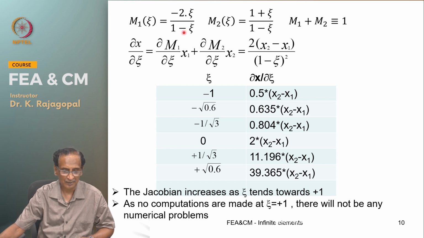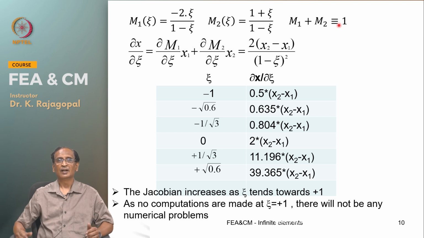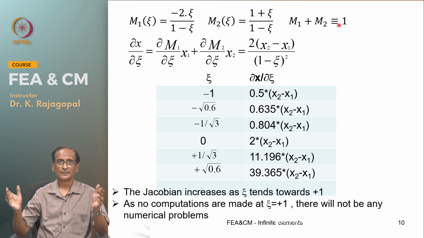If we sum up these two mapping functions we get exactly 1, and m1 plus m2 equal to 1 means there is a unique mapping between the Cartesian space and the isoparametric space.